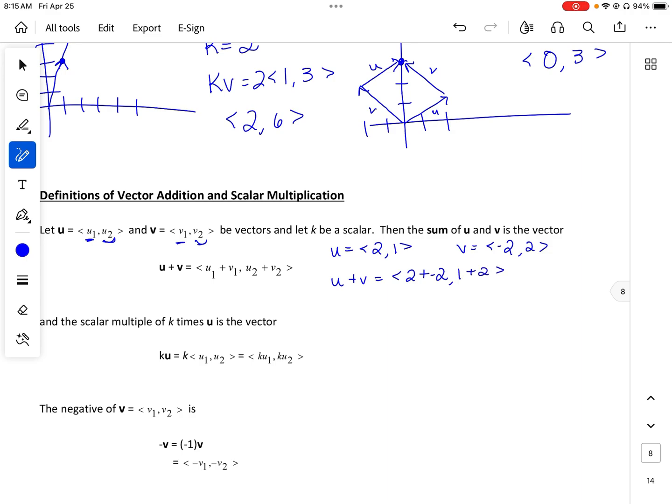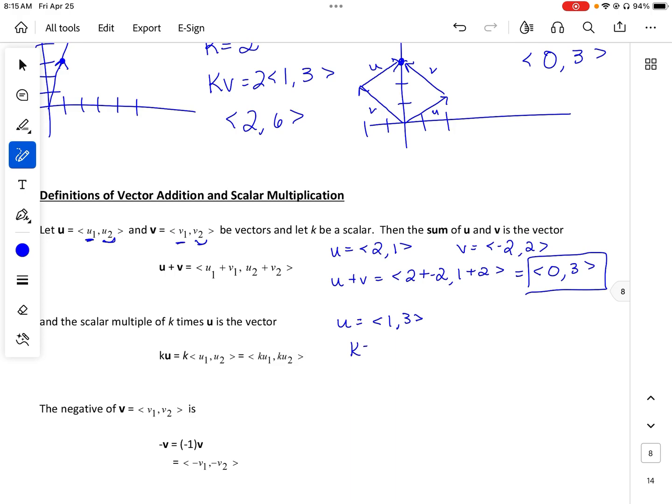And v was negative 2, 2. So u plus v is going to be 2 plus a negative 2 and 1 plus 2. And so we ended up with 0, 3, which is the same thing we did right above.